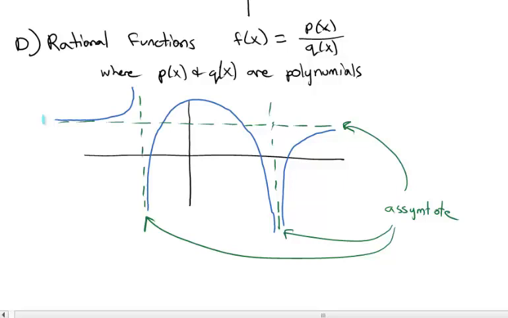Horizontal asymptotes only affect what happens on the edges. So on the edge, this graph is getting closer and closer to that horizontal asymptote and never getting there. Vertical asymptotes, the graph will never touch. So you notice the vertical asymptotes, the green lines, the graph gets closer to it, but it never touches it.